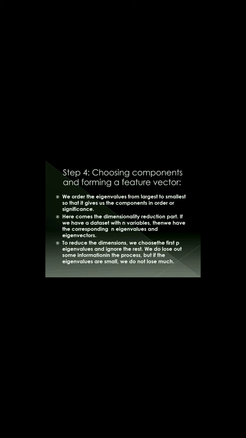The eigenvector corresponding to the highest eigenvalue is the principal component of the dataset, and it is our call how many eigenvalues we choose to proceed with. To reduce the dimensions, we choose the first p eigenvalues and ignore the rest. We do lose some information in this process, but if the eigenvalues are small, we do not lose much.